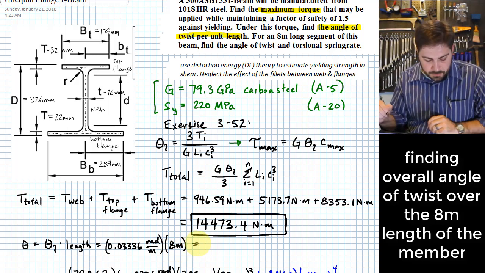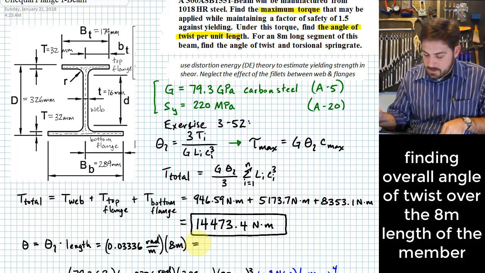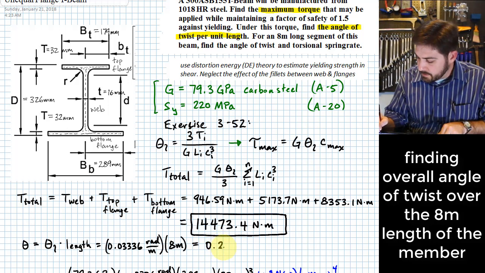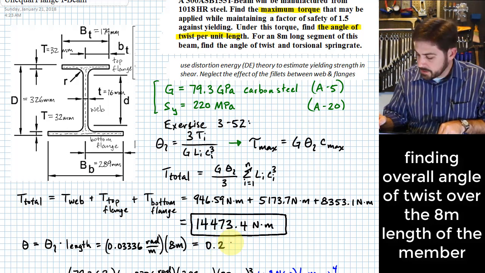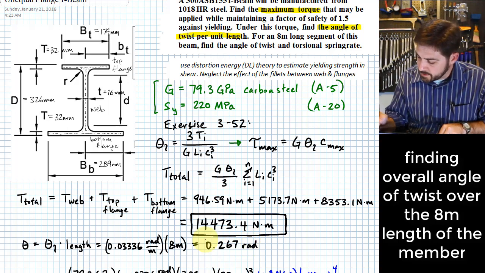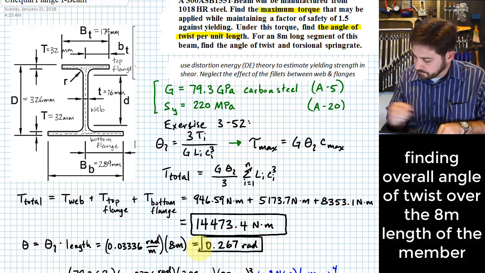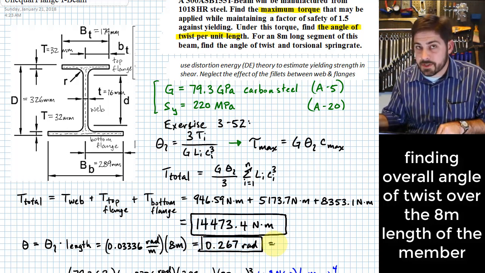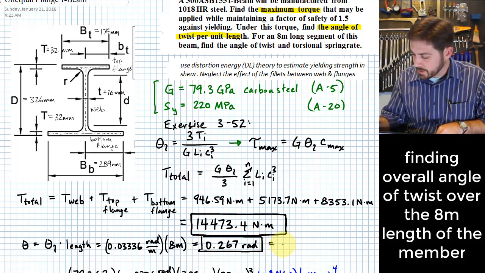And this gives us our overall angle of twist, which turns out to be 0.267 radians, or if you want to express that in degrees, that turns out to be 15.295 degrees.